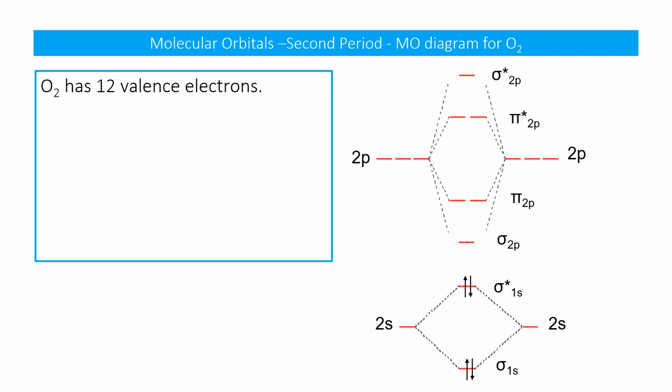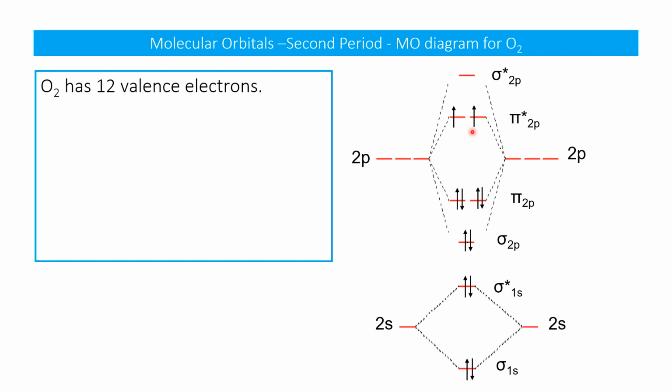So we got 1, 2, 3, 4, 5, 6 pairs. But look at the 6th pair, because the 6th pair is sitting in the pi star 2p. But not only that, they are unpaired electrons. We're putting them in these two degenerate orbitals according to Hund's rule, i.e. they have parallel spin.